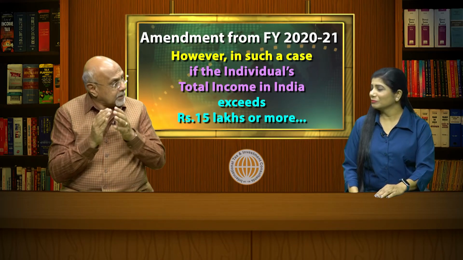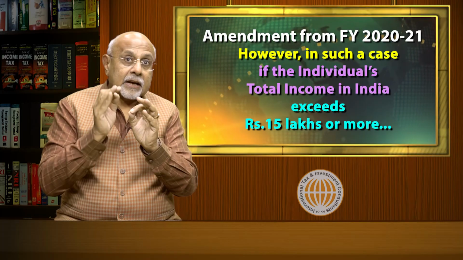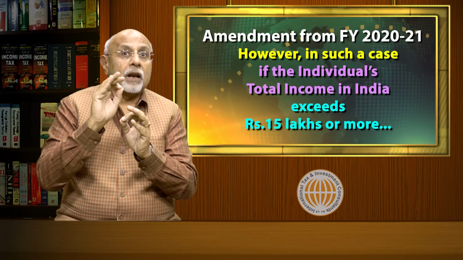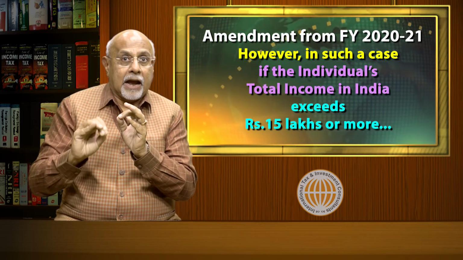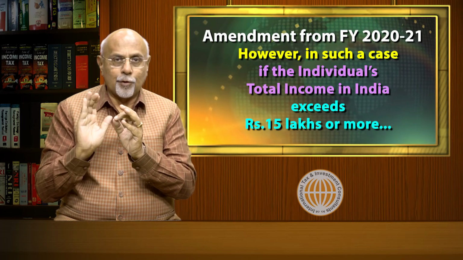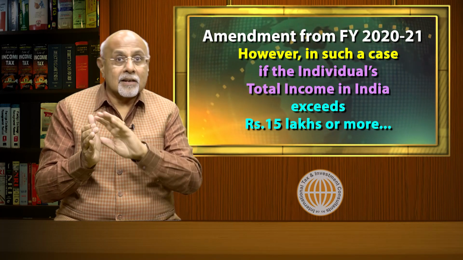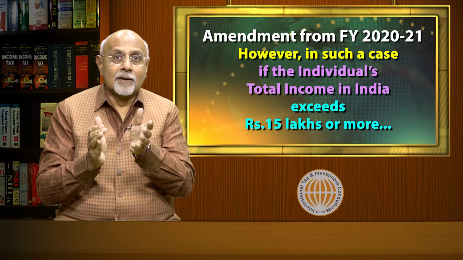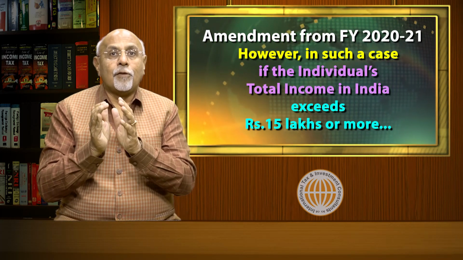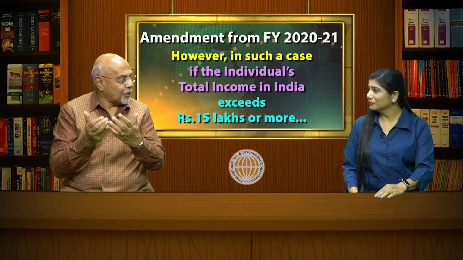Okay. So this amendment came to be made that if the individual has income in India which exceeds rupees 15 lakhs, the terminology used is that the income other than foreign sources should not exceed 15 lakhs, which would mean effectively your income in India.